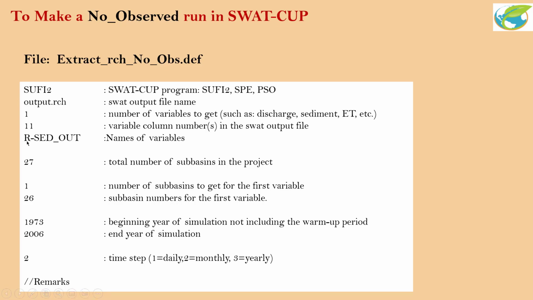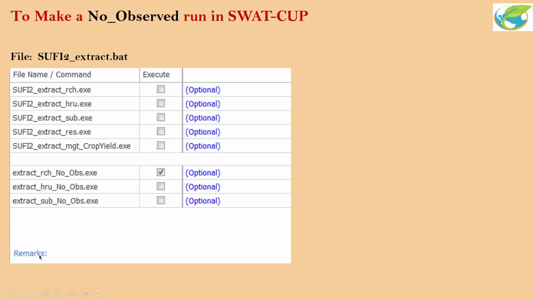And we have sediment out. That's what we are interested in. I put an R here to show that it is coming from a reach file. Then the total number of subbasins and the subbasin number for the first variable that you want to extract, the beginning and the end dates, and the time step, which is monthly in our case.